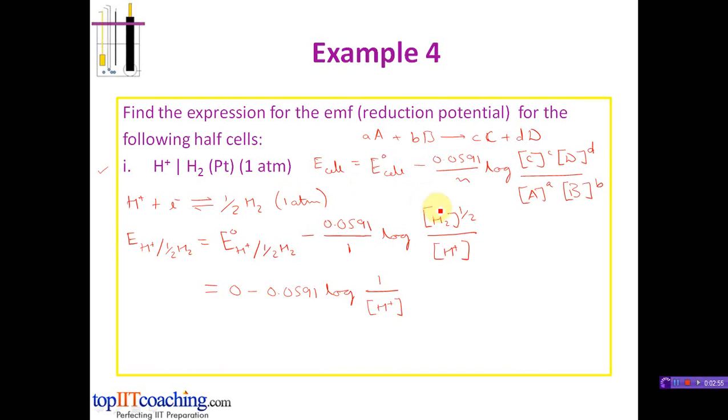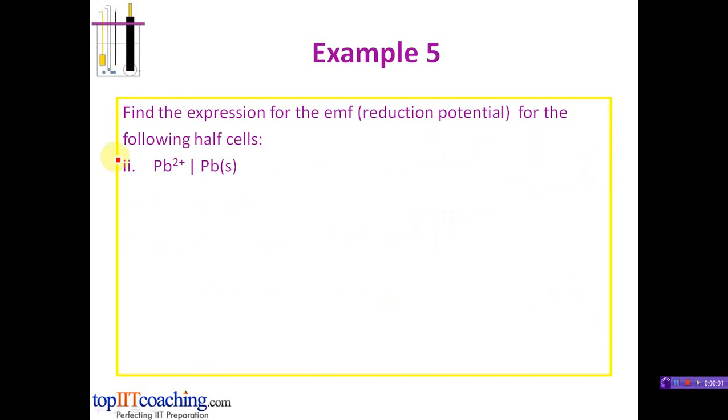That is the concentration of hydrogen ions. The pressure is also always given to us, that is 1 atmosphere. So we have substituted the value 1 here, and this total part comes out to be 1. Now we can rewrite this particular equation as 0.0591 log H plus. This is the expression for the EMF for the given half cell.